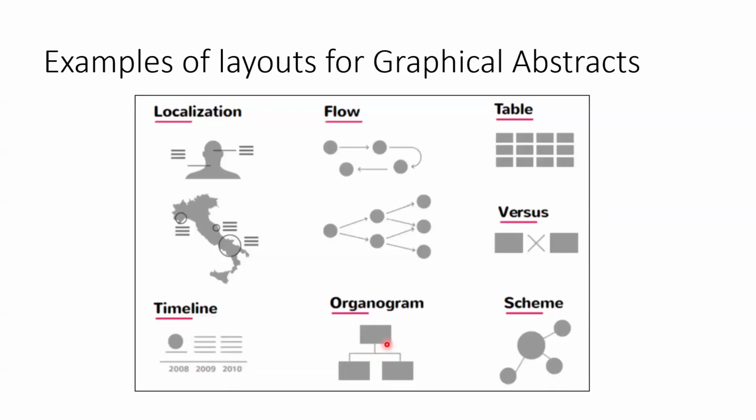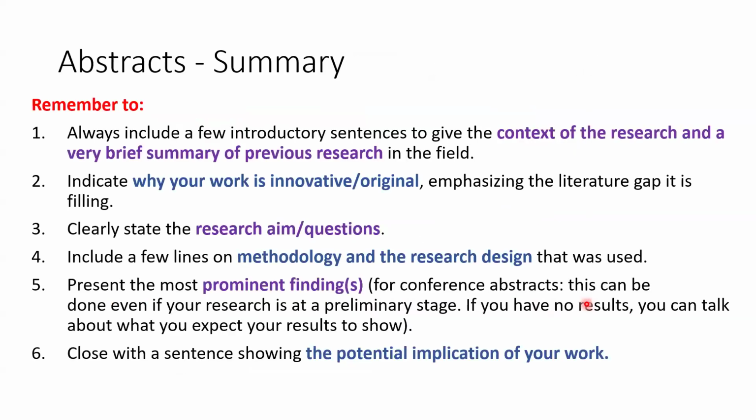Organograms are for hierarchical structures. Probably if you are doing some biological research, some classifications, taxonomy. If you want to draw a decision tree, you can do that. Schemes and bubble diagrams are very useful. You can do them for anything, right? So drafting a graphical abstract is a challenge, but you need to master that also for submission, right?